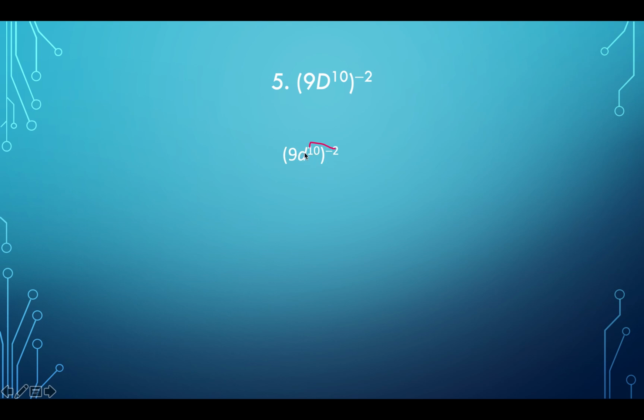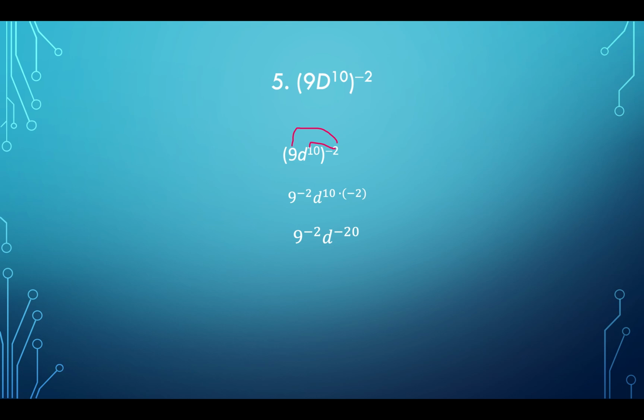So we bring it to the d to the 10th power, and we also bring it to the 9. We're left with 9 to the negative 2, d to the 10 times negative 2 power. Next, we're left with 9 to the negative 2, d to the negative 20. 10 times negative 2 gives us negative 20.